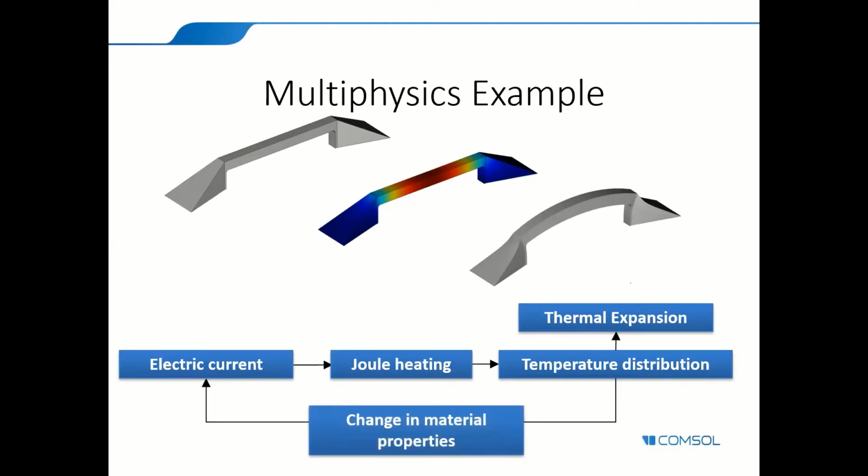This thermal expansion affects the dimensions of this beam. For example, the cross-section changes, and thus how electricity affects it. And also the temperature distribution along the whole beam affects the material properties and changes them, based on the electrical current.